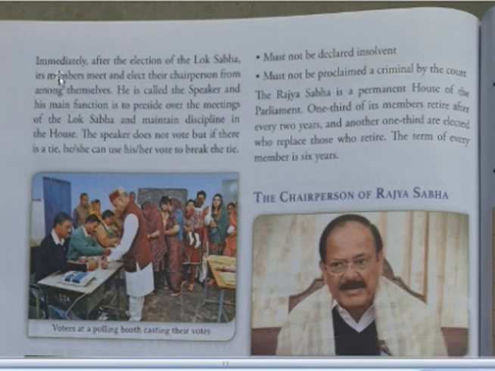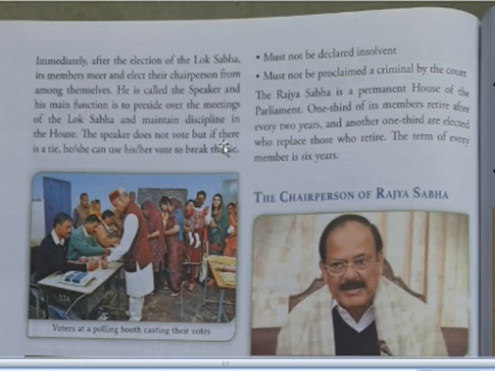After the elections are completed, the majority party members of the Lok Sabha elect a person as the chairperson, known as the speaker, whose main function is to conduct those meetings and maintain discipline in the house.